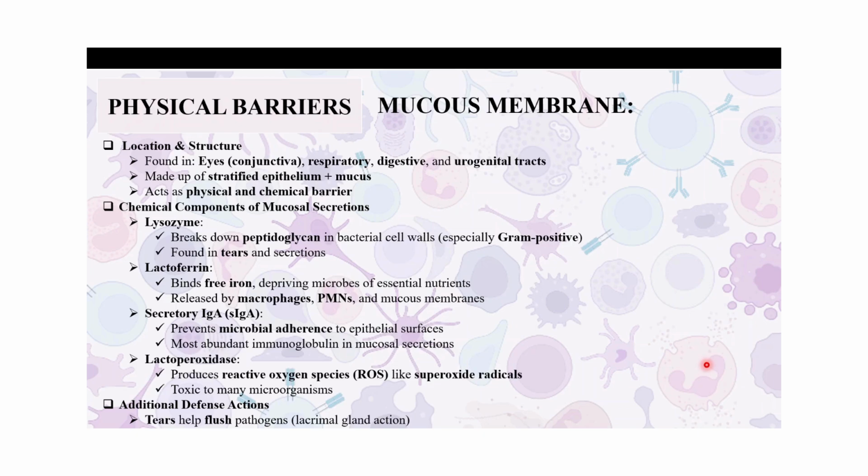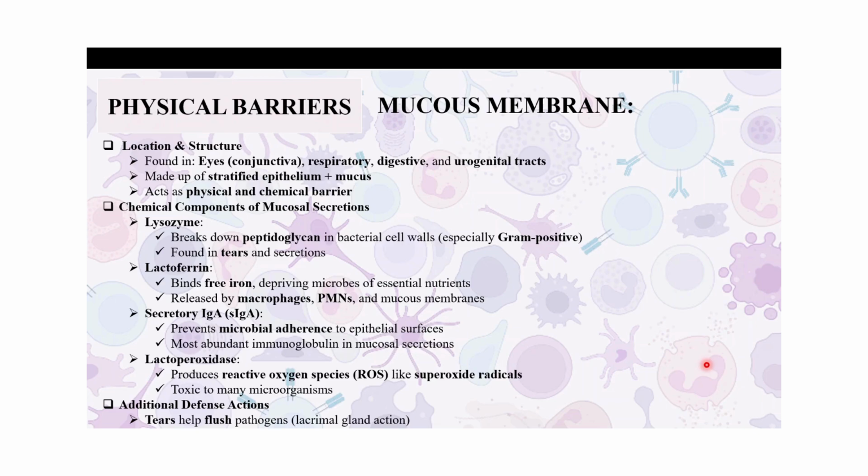As we have read about gram staining, in gram-positive bacteria there is a thick peptidoglycan cell wall. Once this thickness is gone, the gram-positive bacteria is not going to survive. The bond between the alternating units of NAM and NAG is cleaved by the lysozyme enzyme present in the secretion of the mucous membrane. So it is acting as a chemical barrier.